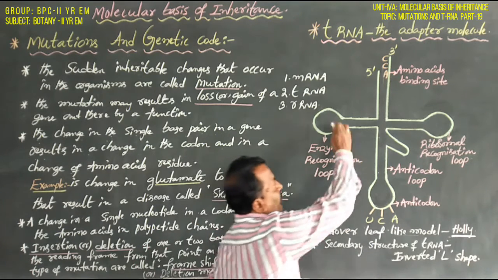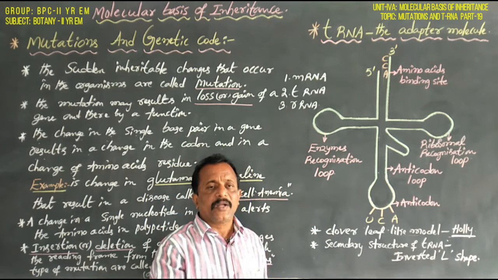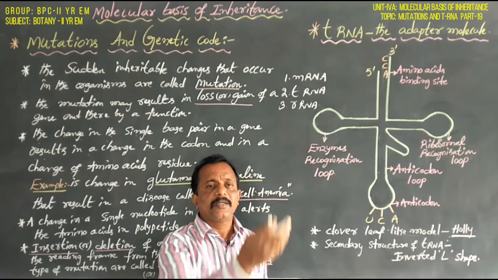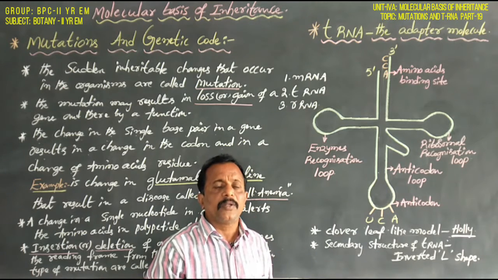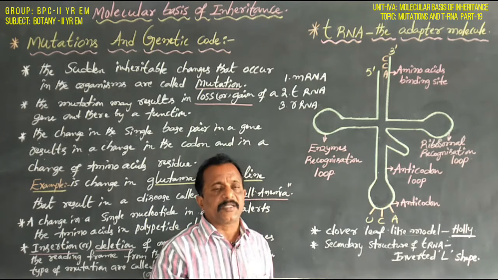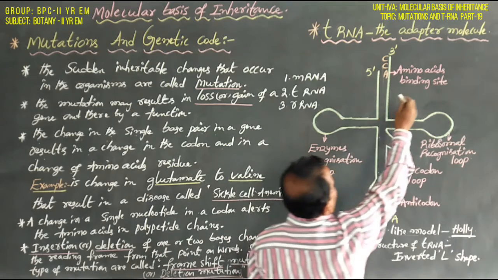Second one, tRNA, is also known as transfer RNA, soluble RNA, sRNA, smaller RNA, and adapter molecule RNA. This RNA always binds the amino acids and carries them to different regions of the cytoplasm.